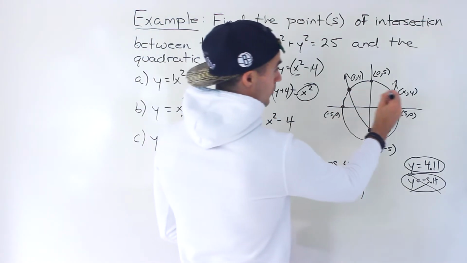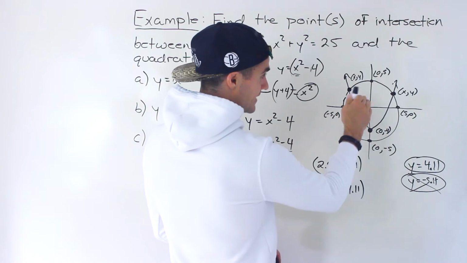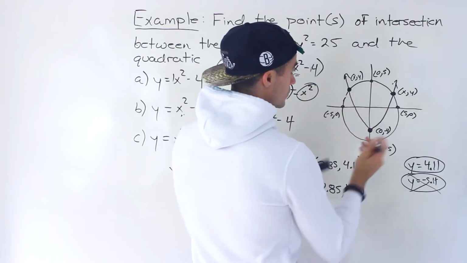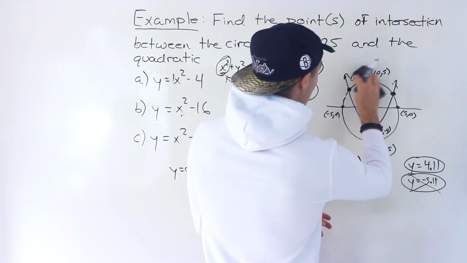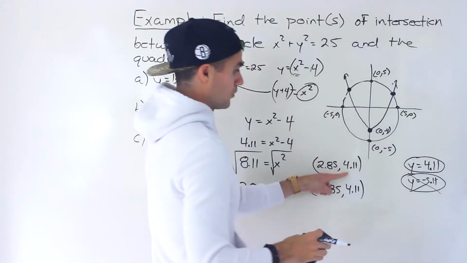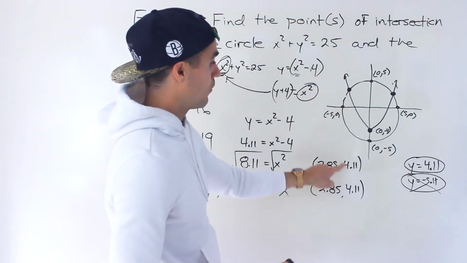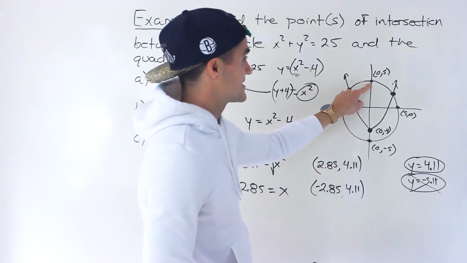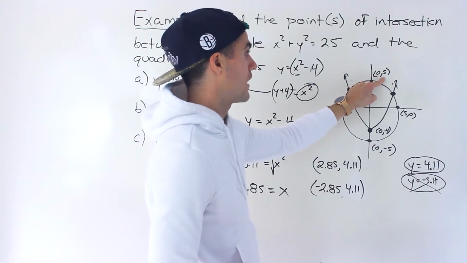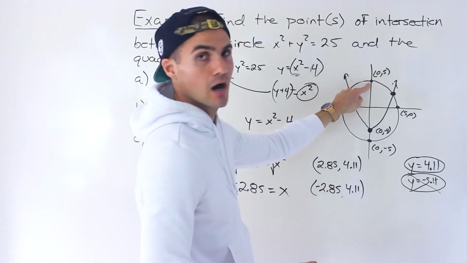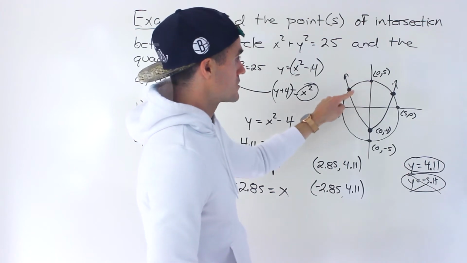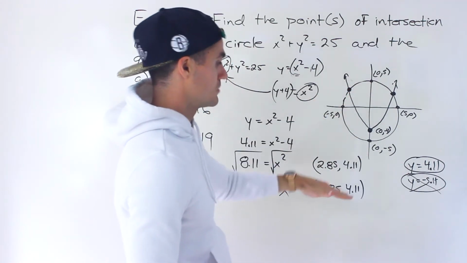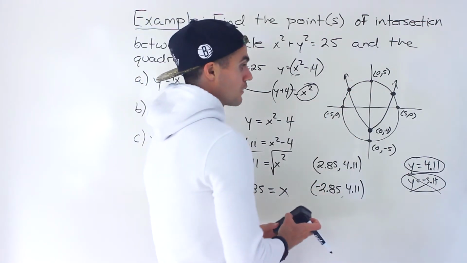Notice that both of these points are at the same height, meaning they have the same y value. Both of them have a y value of 4.11. It also makes sense that the y value of 4.11 is less than this y value of 5, because that's like the max point of the circle. So obviously these y values should be less than 5. It makes sense that we got 4.11.